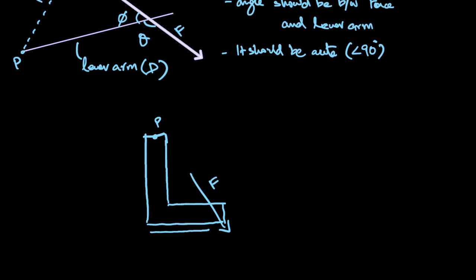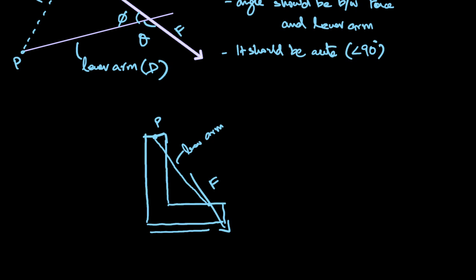But if you remember the definition, it's the distance between your pivot and the point at which the force is acting. So this will actually be your lever arm.